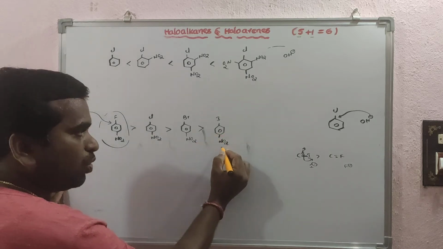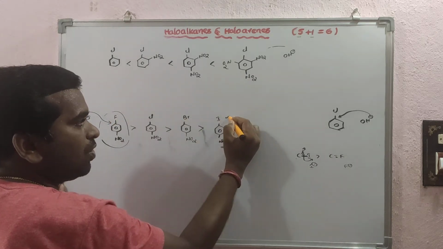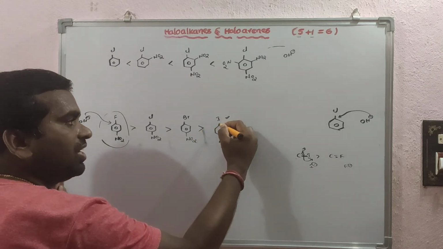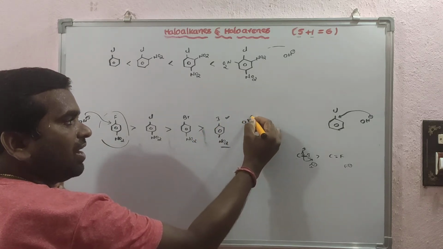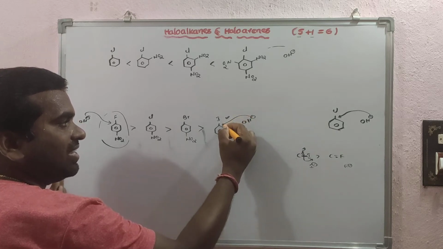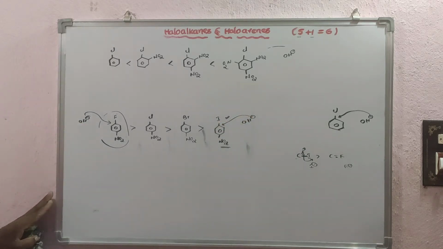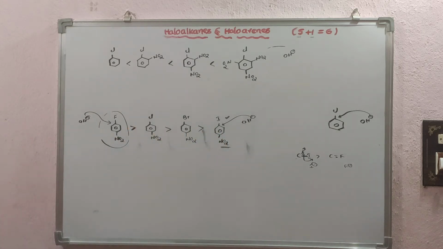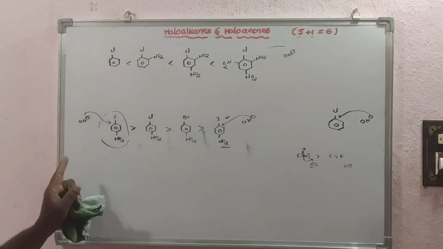But in the iodine case, iodine is less electronegative than fluorine, so the nucleophile will not attack easily on the benzene ring. So fluorine shows the high reactivity towards the nucleophilic substitution reaction.